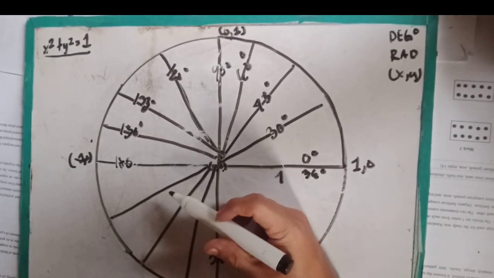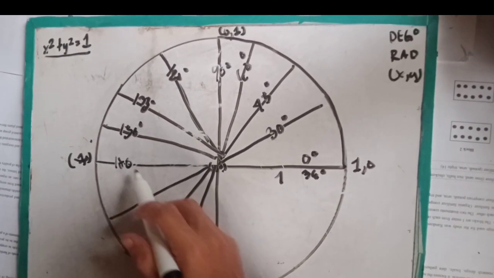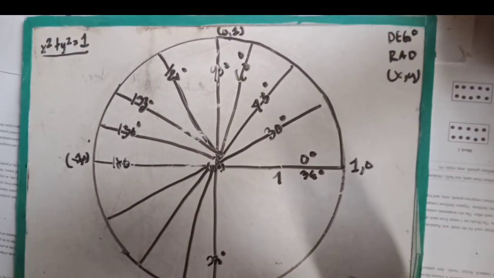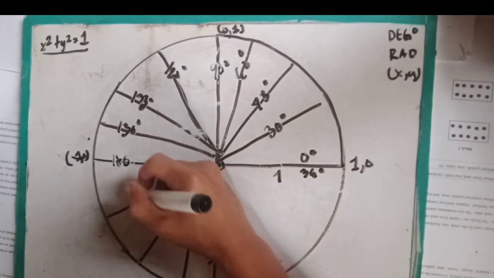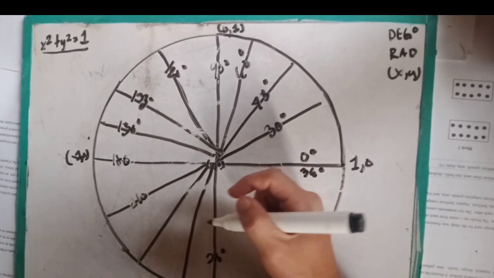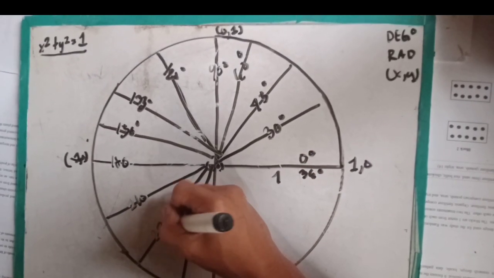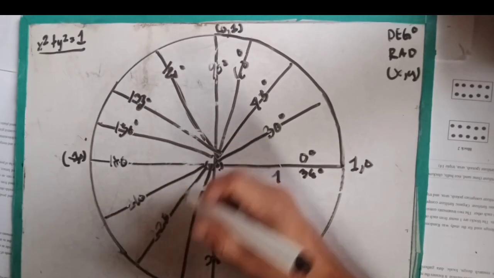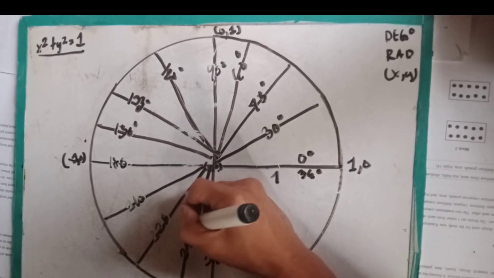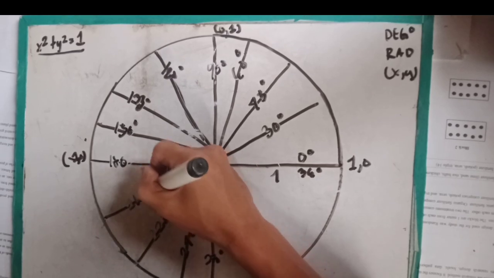To get the values of quadrant 3, we will add 180 degrees to the corresponding value in quadrant 1. So 180 plus 30 is equal to 210. 180 plus 45 is equal to 225. And 180 plus 60 is 240. So those are all in degrees.